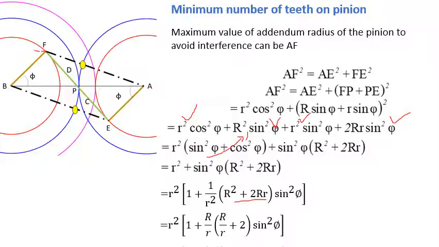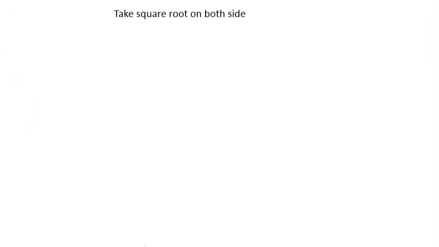Therefore the equation becomes small r square into 1 plus capital R divided by small r into (capital R divided by small r plus 2) into sin square phi. So we are taking the square root on both sides of the equation. Therefore AF is equal to small r into square root of 1 plus capital R by small r into (capital R by small r plus 2) into sin square phi.